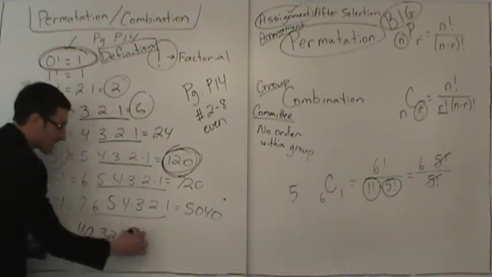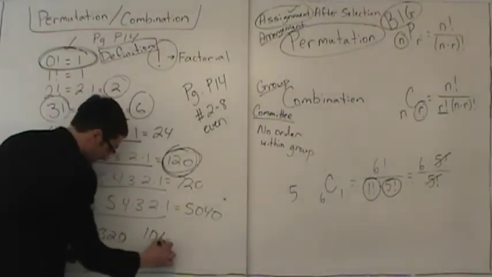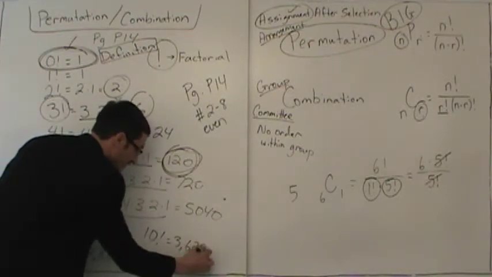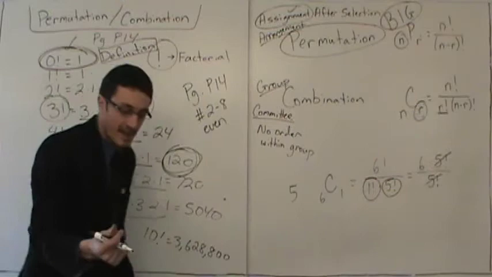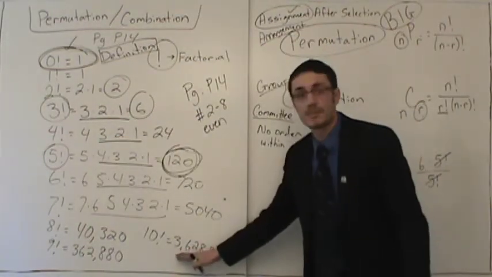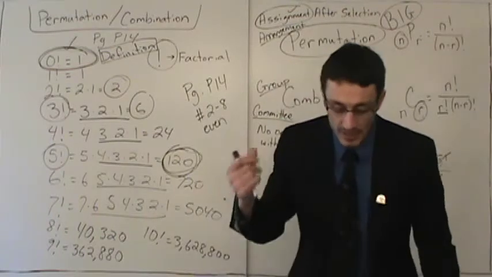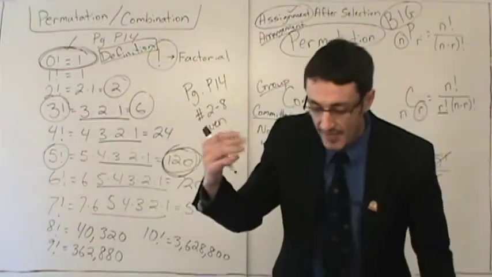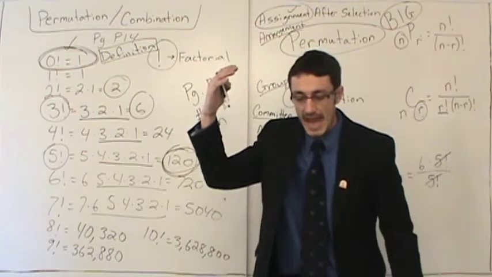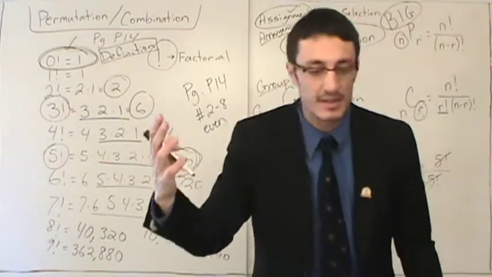So we're getting big very quick. 10 factorial is 3,628,800. 11 factorial is close to 40 million. 12 factorial, we're at 400 million. 13 factorial, we're at more than 4 billion. At 14 factorial, we're at 40 billion, and so on.